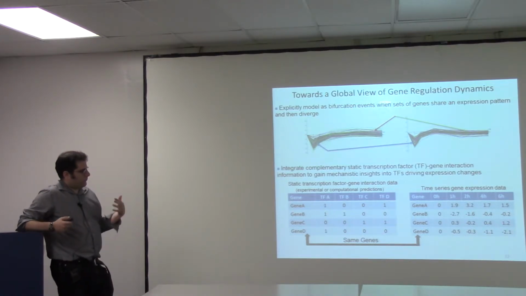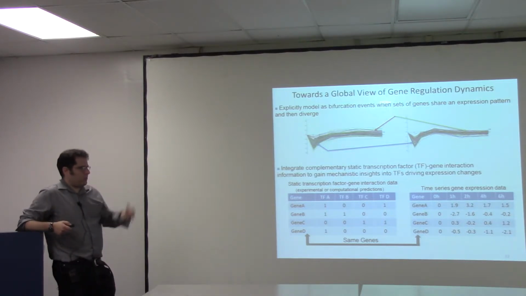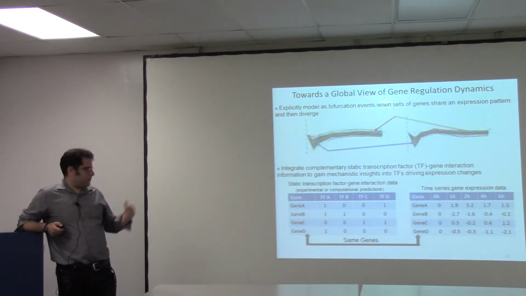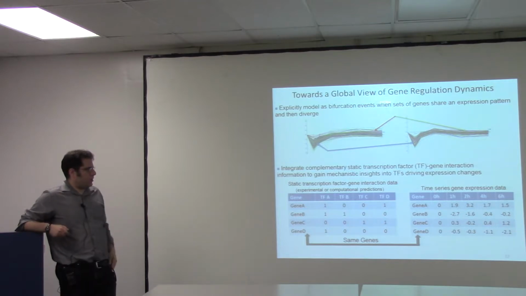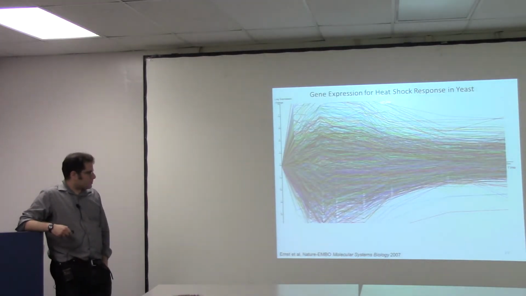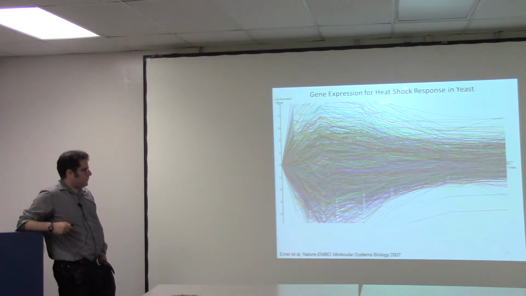So what we effectively want to do is elevate, in some sense, the static transcription factor gene association data to having a dynamic interpretation by integrating it with the gene expression data. What you're seeing here is the gene expression data for heat shock response in yeast. This is the individual expression data.